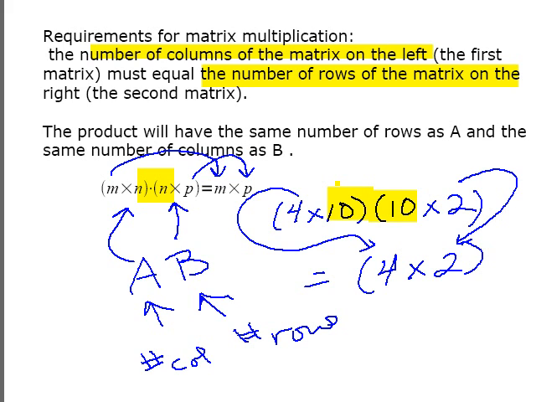In this case, you can see that you could not do this multiplication in the other order. In that case, you would be trying to go 10 by 2 times 4 by 10, and these two numbers are not the same, so matrix multiplication is not defined for that situation.